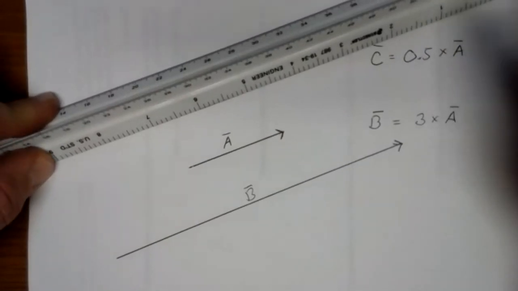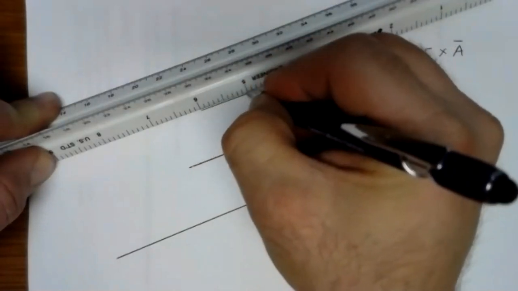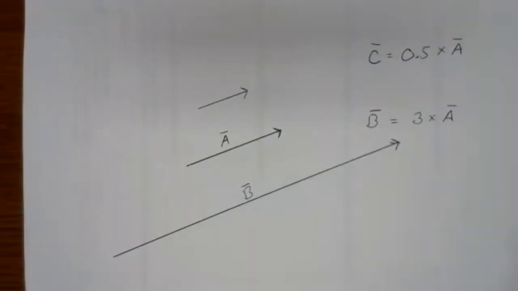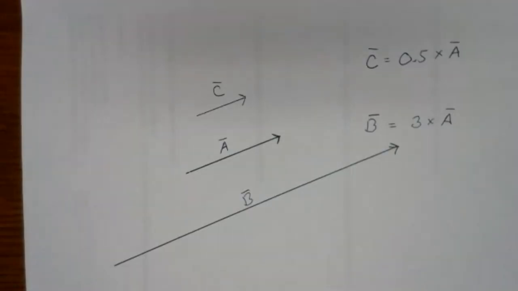So I'll line the direction up here, but it's going to be half the length. My original vector was 2 inches long. So now my new one, vector C, is half the length of vector A, so it's 1 inch long.